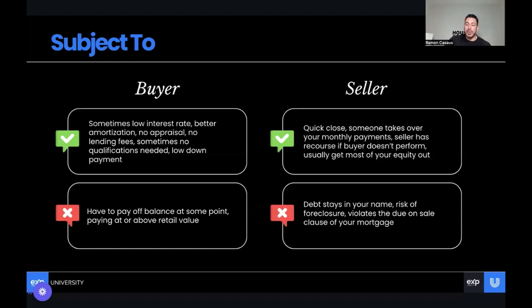And then last but not least is that you as the seller have to know that by selling this property in a subject to style of transaction, you are 99% of the time violating the due on sale clause of your mortgage. So something to be aware of. And again, that's a whole other training for another time, but that due on sale clause is most likely being violated. So that is everything about subject to, the pros and cons for buyer and seller.